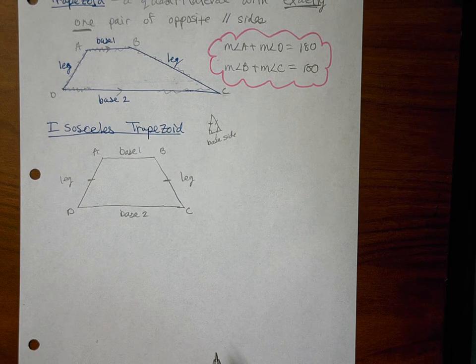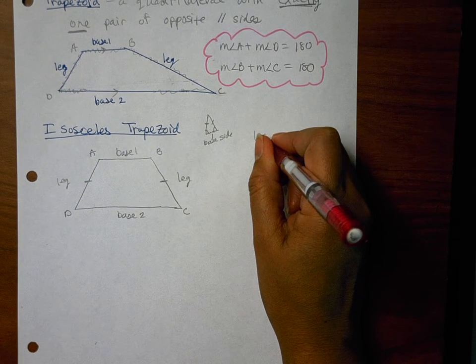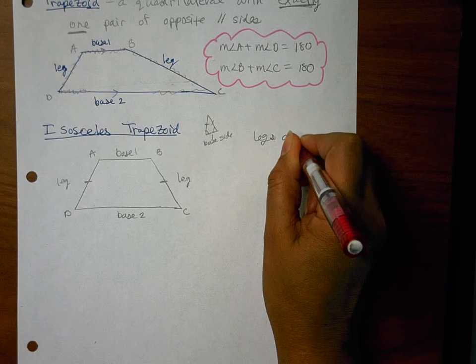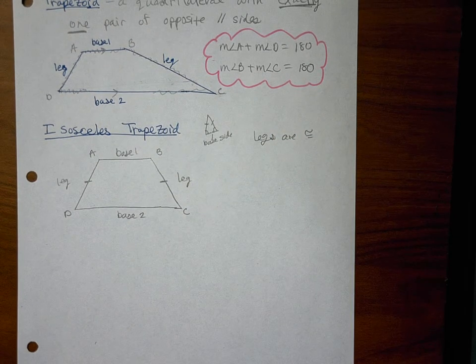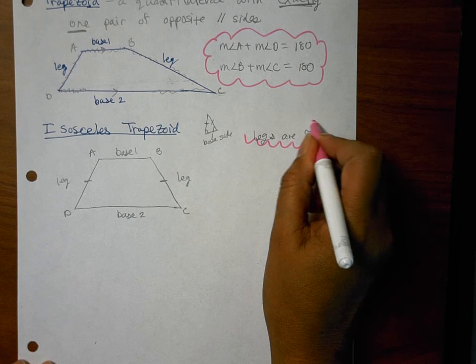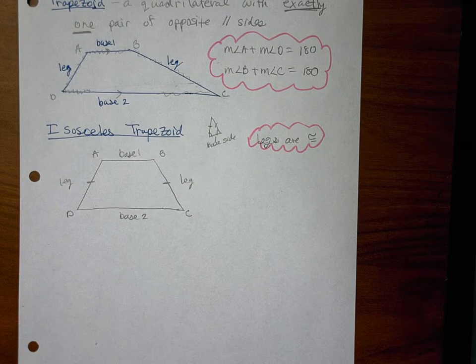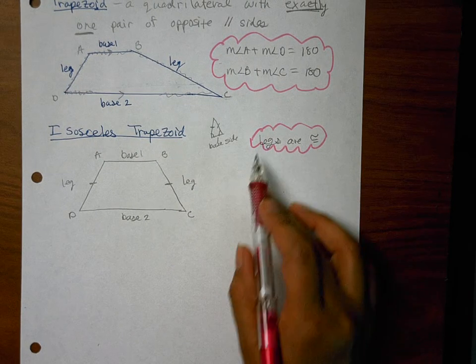First off, we should know the legs are congruent, so let's go ahead and write that down. There's a lot of pieces we're going to write down. Legs are congruent. That's one piece of information you will need to know. Those are the two legs. That's what makes it an isosceles trapezoid.